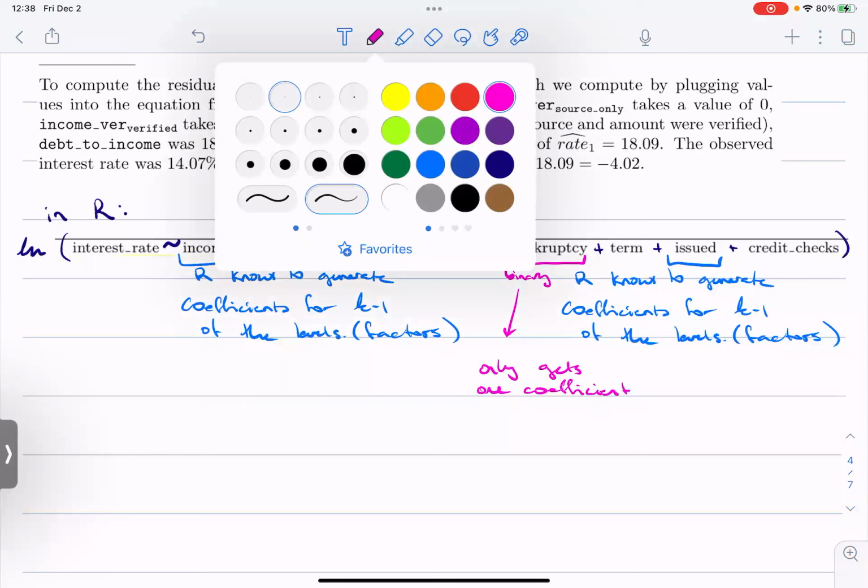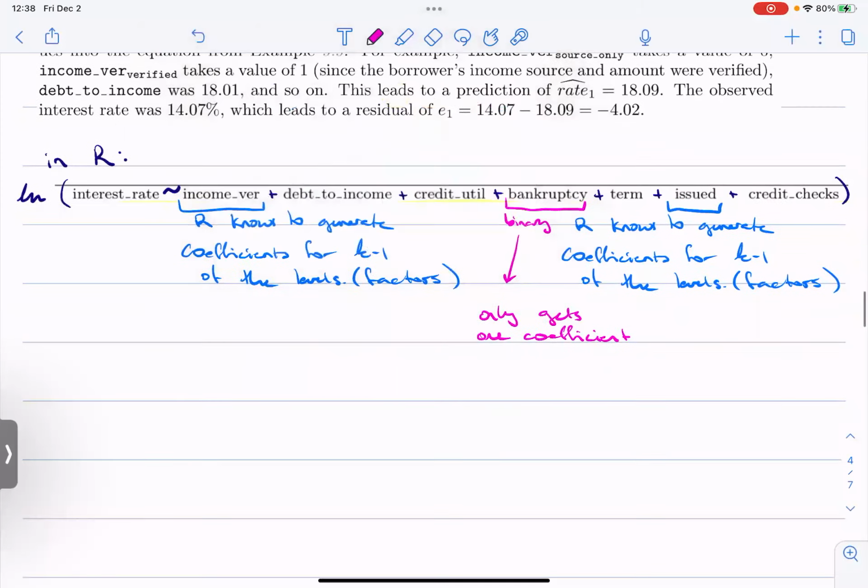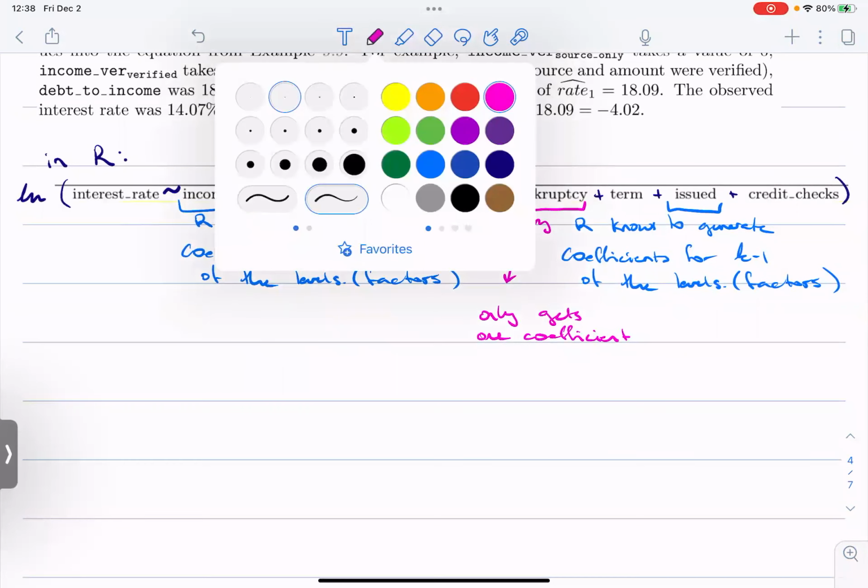I know you do use the colon. I have used the colon. I use the multiplication quite a bit, just in a simplified scenario.